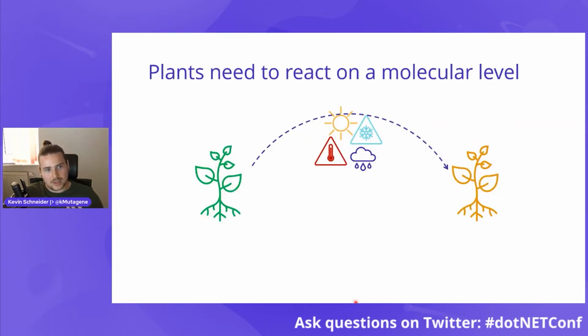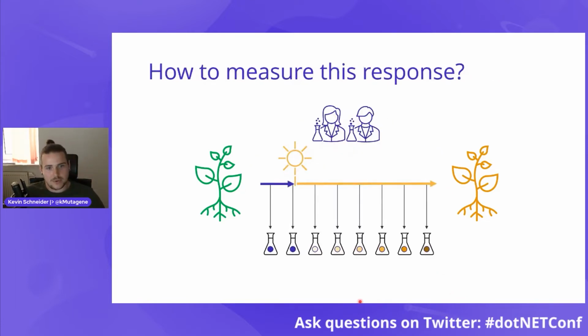So in a more abstract sense, what we are looking at are plants that have to react to environmental conditions and change their molecular composition, because in this time scale of days, you can't just grow new leaves that will cope better with cold conditions. So the plant has to change that on a molecular level. And how can we measure that? This is where our friends, the wet lab scientists, come in again.